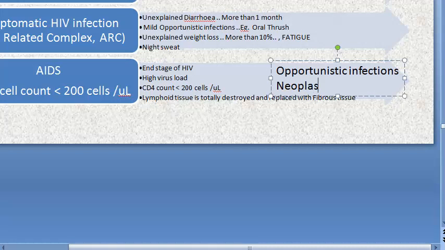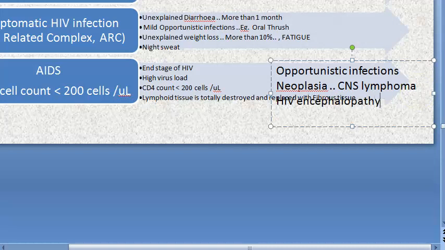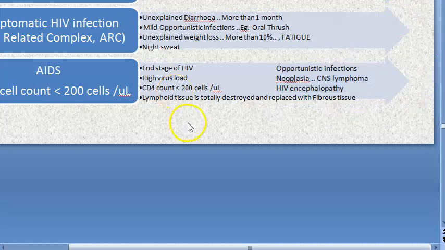This person might develop malignancy like CNS lymphoma. Then HIV encephalopathy. See, all this person is developing. These are the features of this AIDS, that is the end stage of HIV.